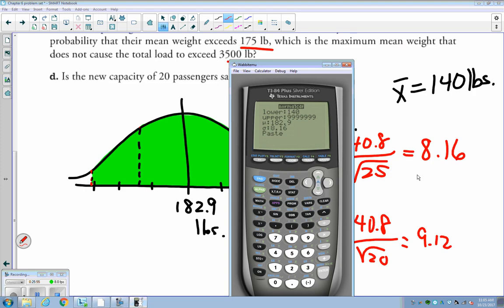And my lower limit's going to be 175. Isn't that my new weight standard? My upper limit's going to still be 99999. Standard deviation is 9.12.